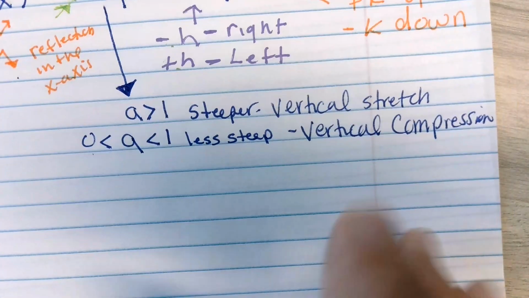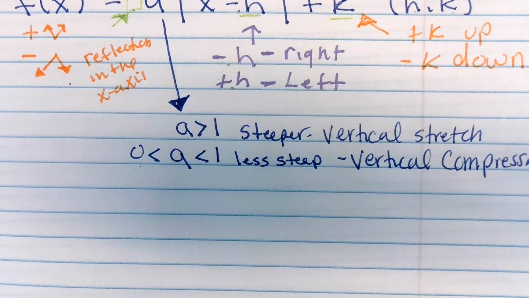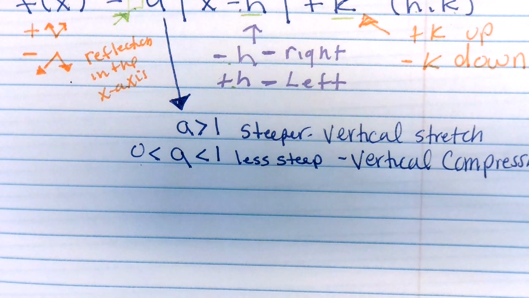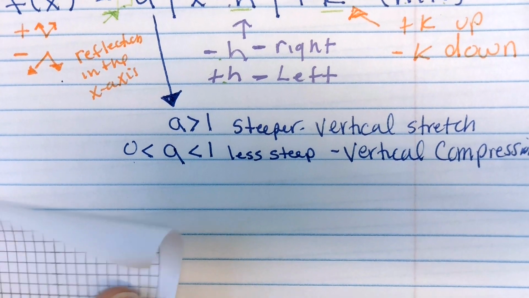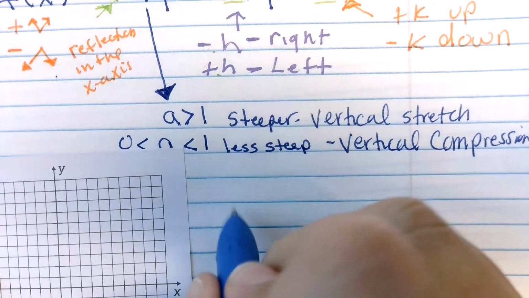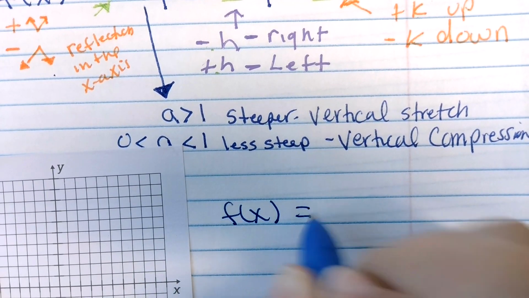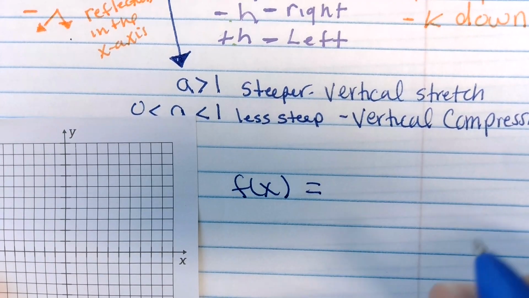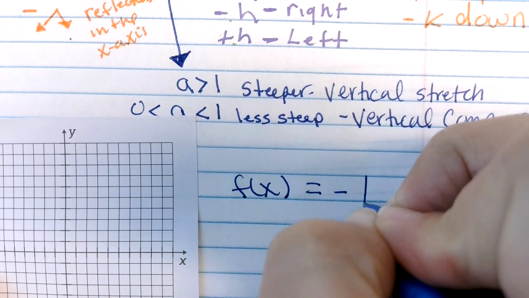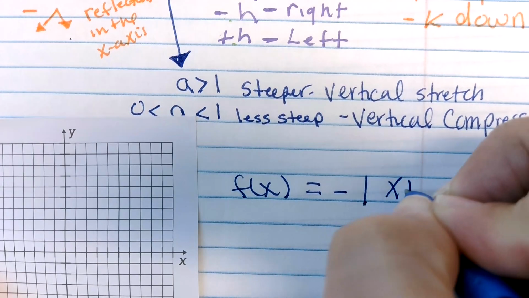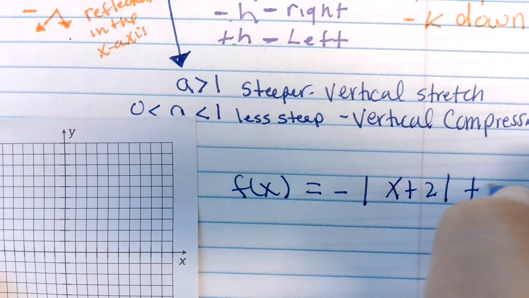Okay, here we go. I got 2 examples for you so you can see some of this in action. My first example is f of x is equal to negative absolute value of x plus 2 plus 3.